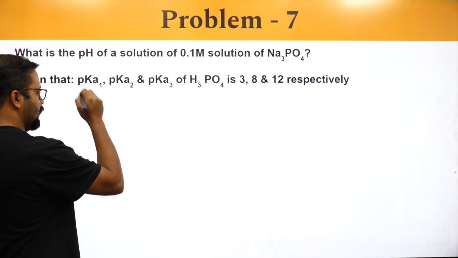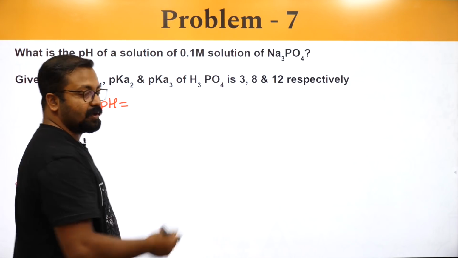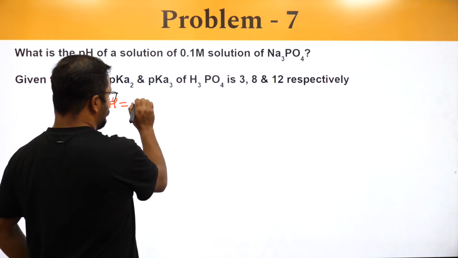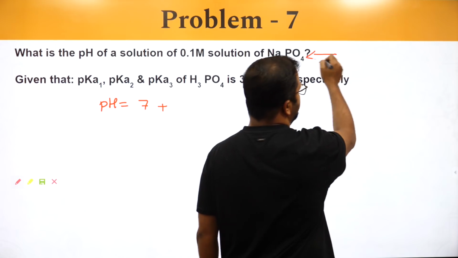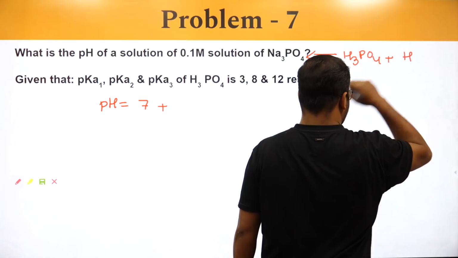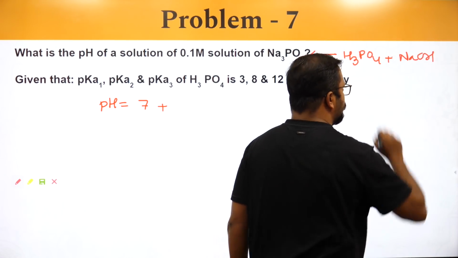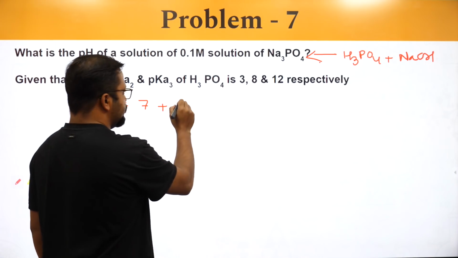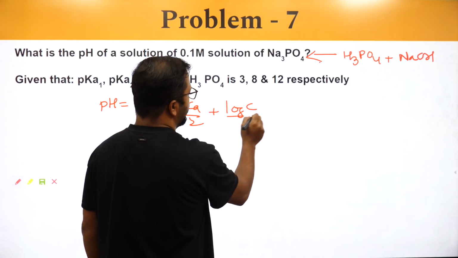So my point is, the usual equation that we write for this is a salt hydrolysis of a salt of weak acid and a strong base, because this is formed using a combination of H3PO4 plus NaOH. So what we write is pKa by 2 plus log C by 2.